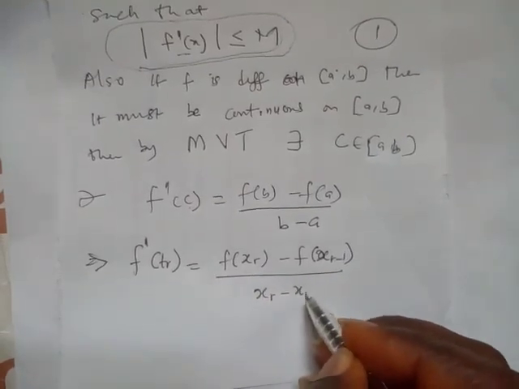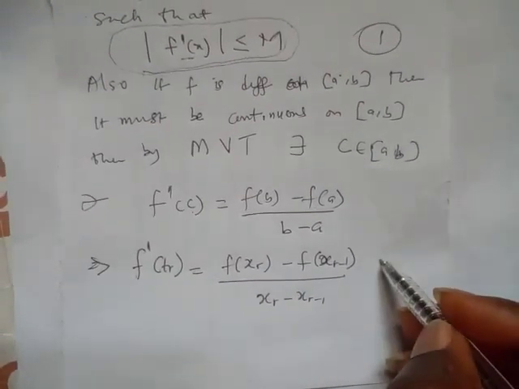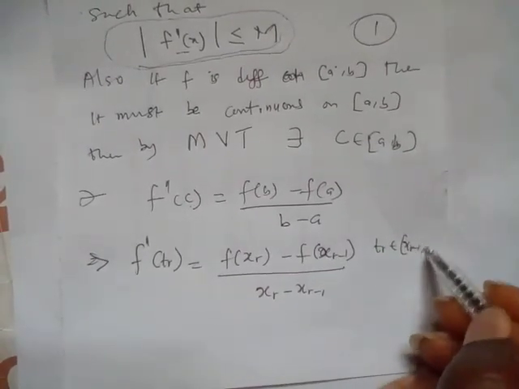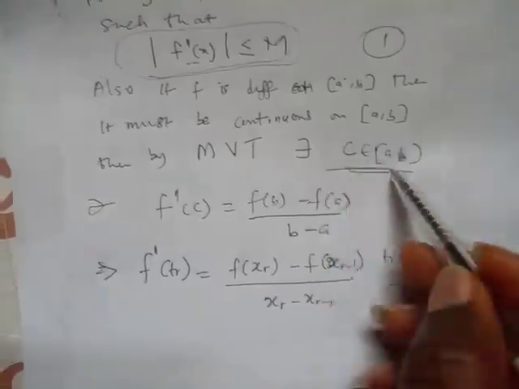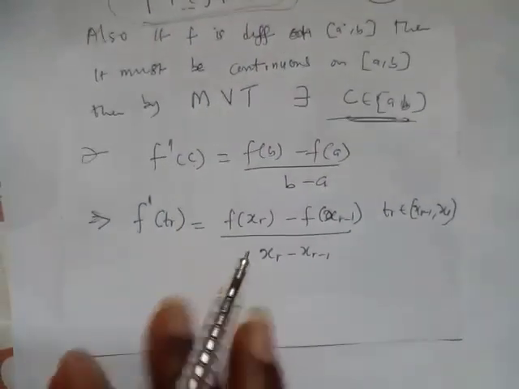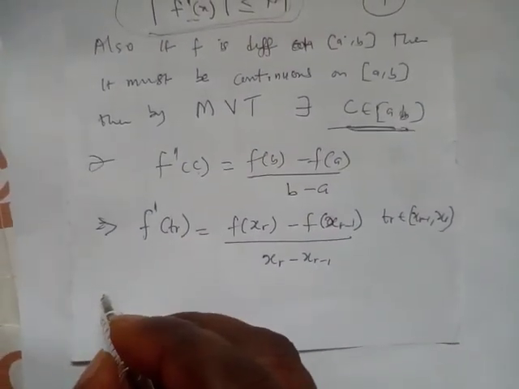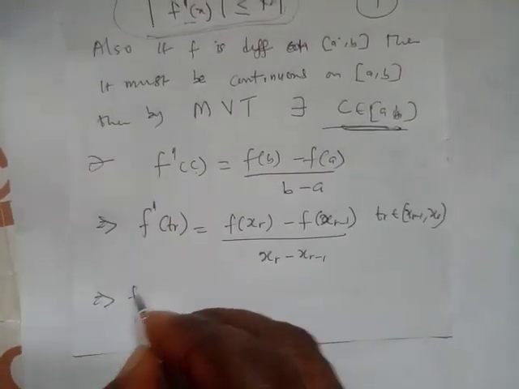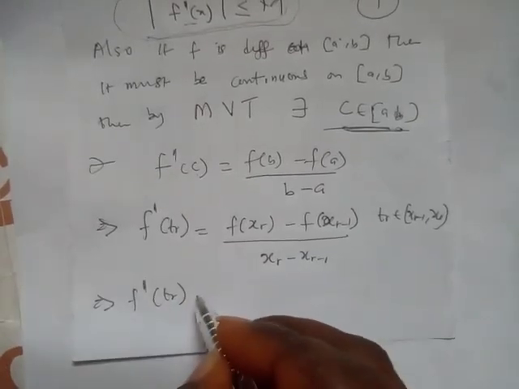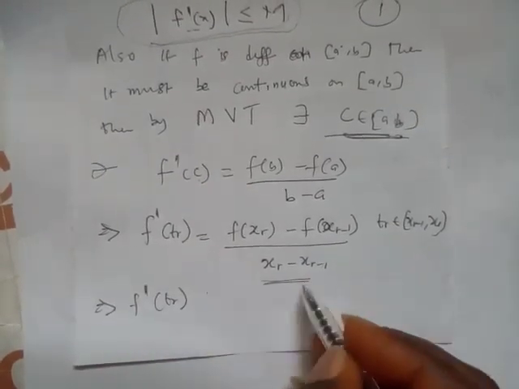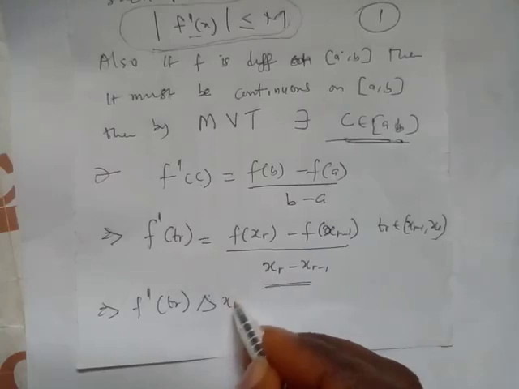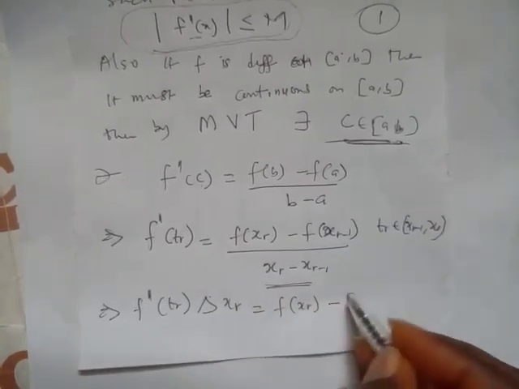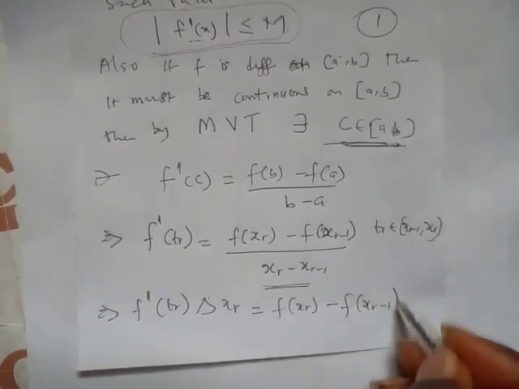But don't forget that TR belongs to SR minus 1 comma SR. So from this place now, we can have this thing to be f prime of TR times this one. If you cross multiply, it will be delta SR, which is the same thing as f of SR minus f of SR minus 1.